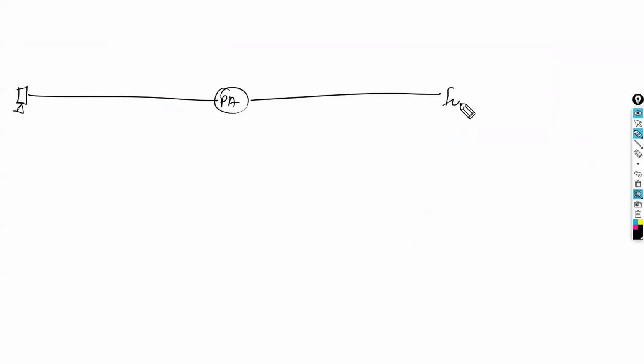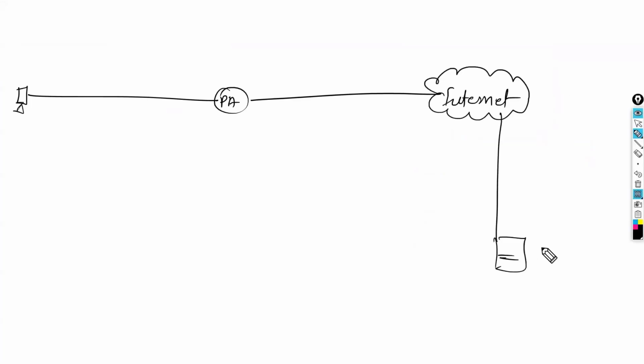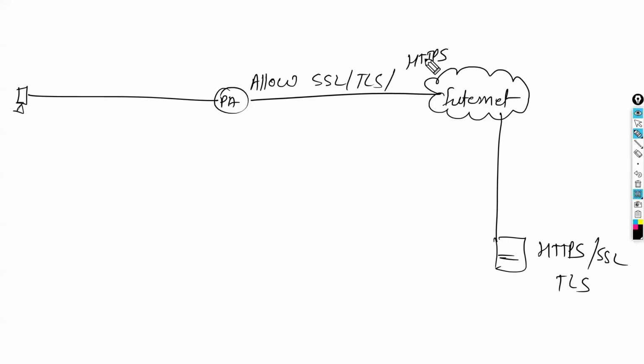Assume we have a PC connected with a device or firewall like Palo Alto. Palo Alto is connected with the internet. And at the internet, we have a public server providing the services of HTTPS, or you can say SSL, or you can say TLS. On Palo Alto Firewall, we will create a rule. Using that rule, we will allow SSL or TLS, or we can say we will allow HTTPS.